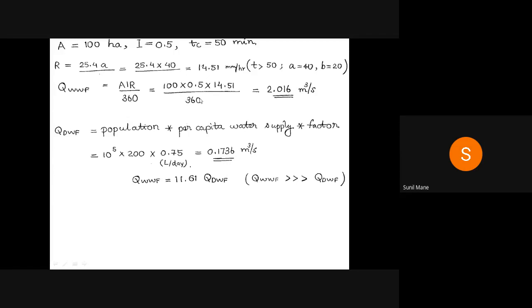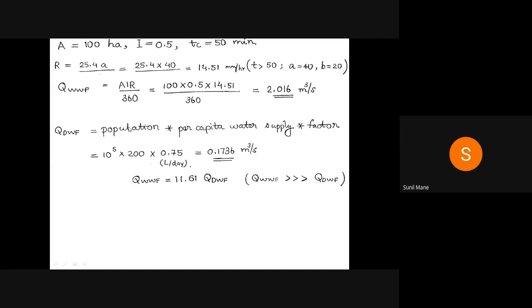And the dry weather flow, as I said earlier, would be a kind of constant flow throughout the year. There is no change in the population.